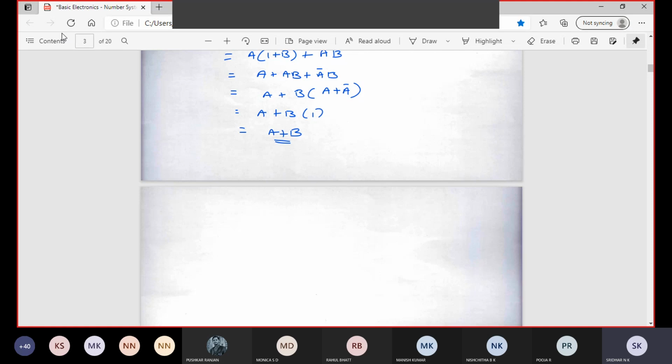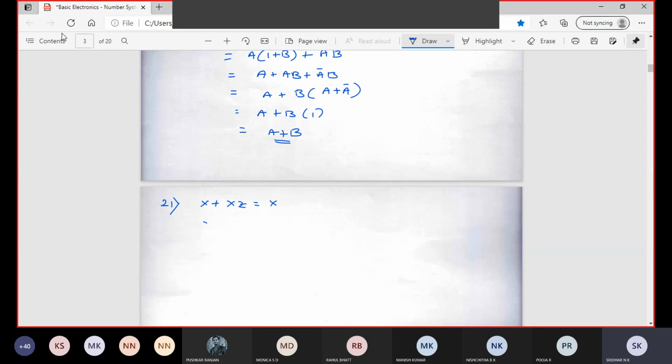So law 21. X plus xz is equal to x. Is it correct? Immediately you can tell it will be right, correct?